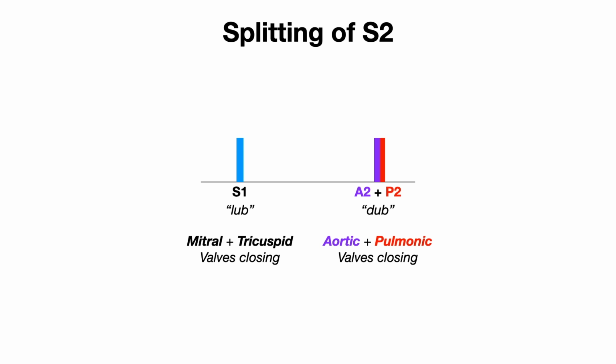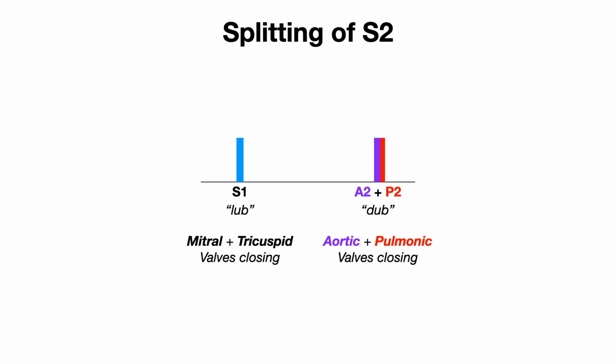So although in normal hearts without splitting, you would hear them as one singular S2 or one singular dub, what's actually happening in microseconds is that there are 2 distinct sounds, and that dub is created from the closure of A and the closure of P. So that's the closure of the aortic and the pulmonic valve.